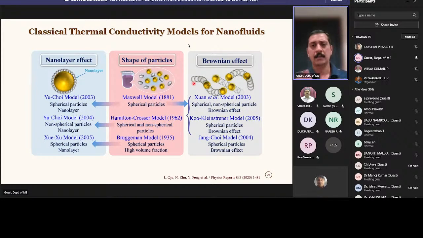No, as long as you keep the suspension of the nanoparticles at a lower concentration, for sure you will be able to see that the thermal conductivity of the base fluid gets enhanced.